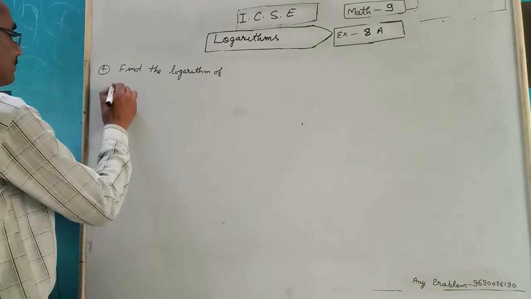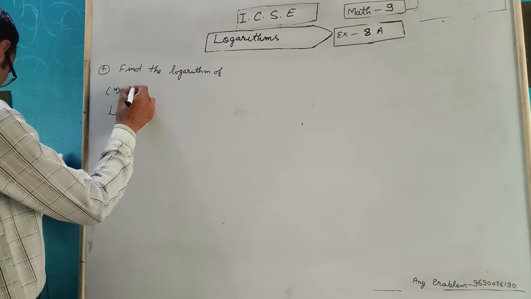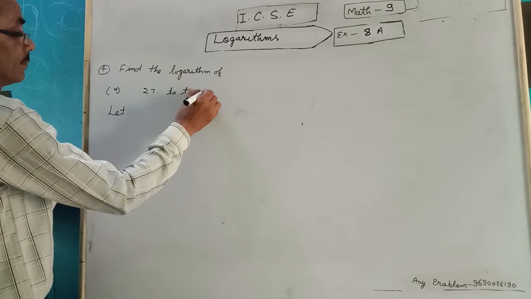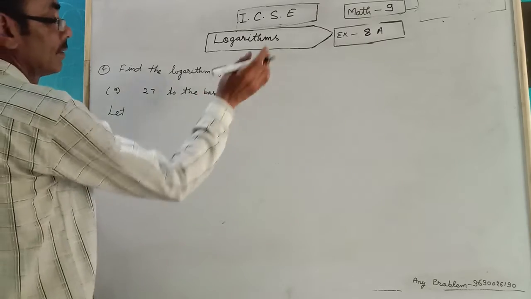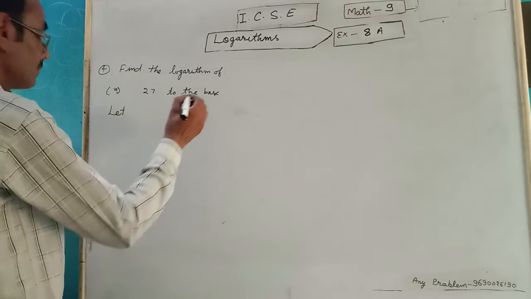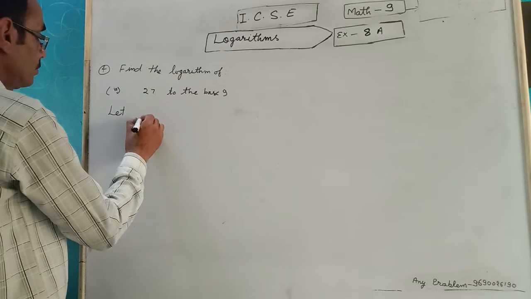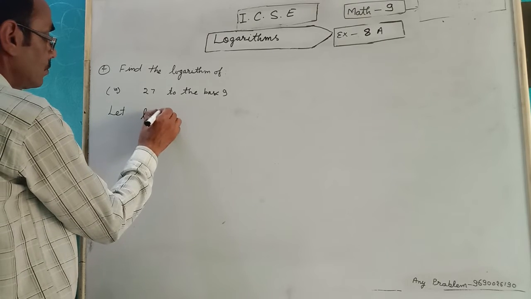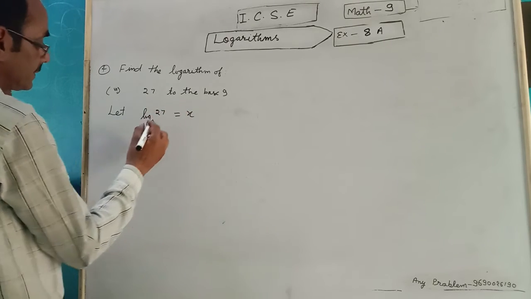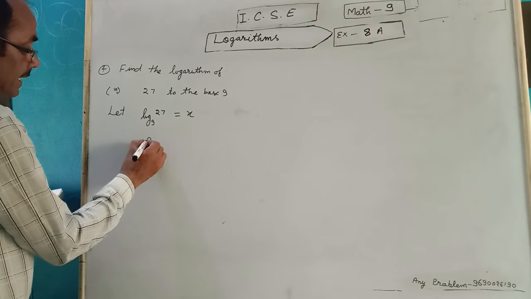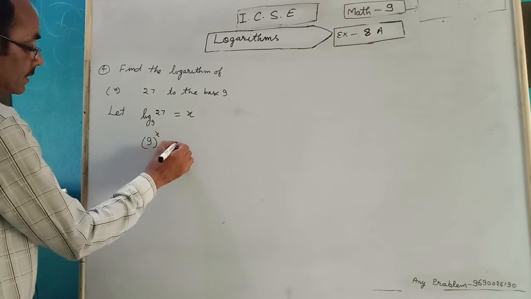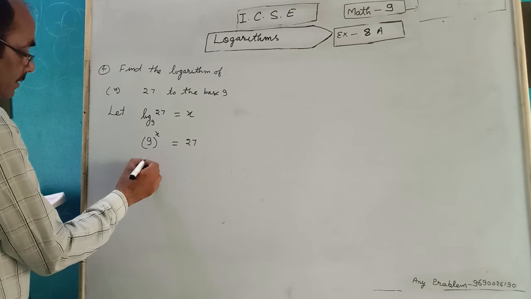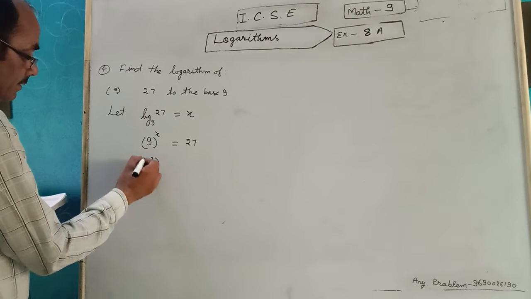Seventh part is 27 to the base 9. So you write the log base 9, 27 is equal to x. Write the exponential form. 9 as power x is equal to 27. 9 write the 3 square.